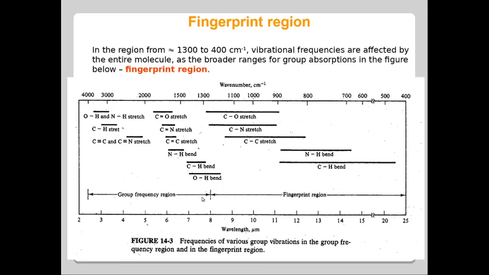Okay, so based on this classification, it's easy to identify a type of vibration and whether this vibration belongs to almost the entire molecular structure or to a functional group of the molecule.